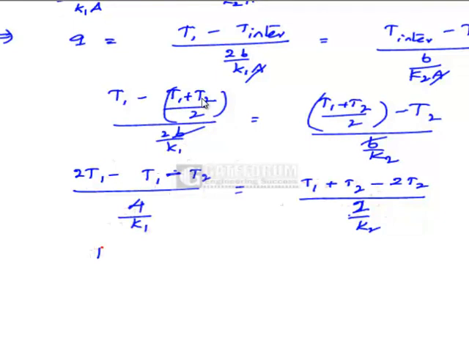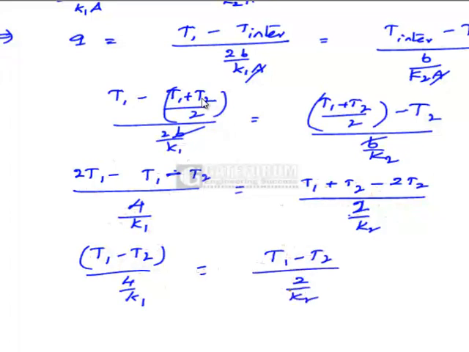So it results in (T1 minus T2) by 4 by K1 is equal to (T1 minus T2) divided by 2 by K2.